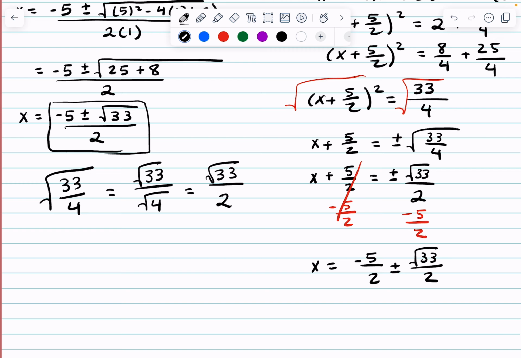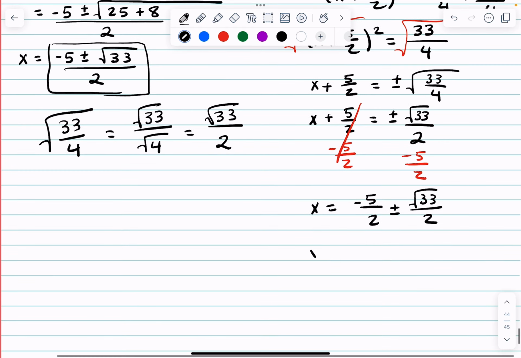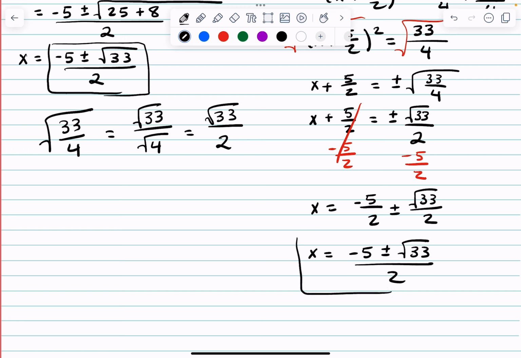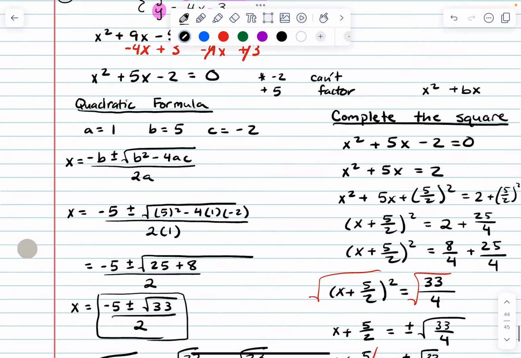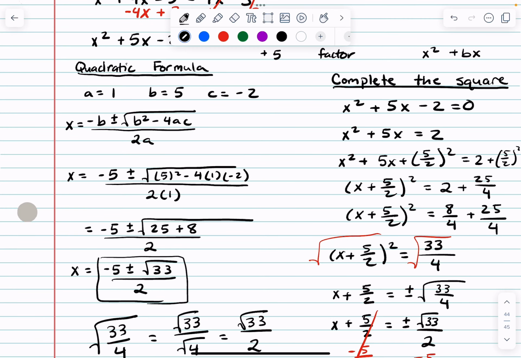And since we have that common denominator, we can go ahead and combine these two fractions and say we have -5 plus or minus the square root of 33 over 2 as our final answer. All right, so that is how you solve by either using the quadratic formula or completing the square.